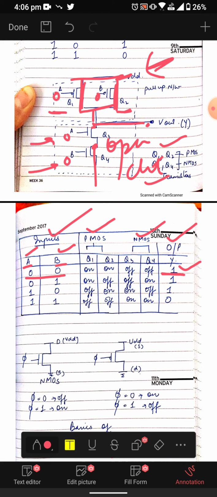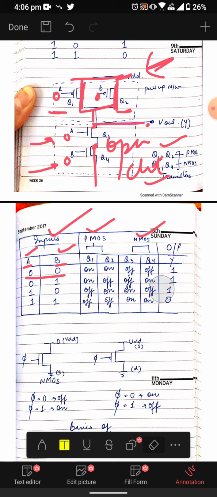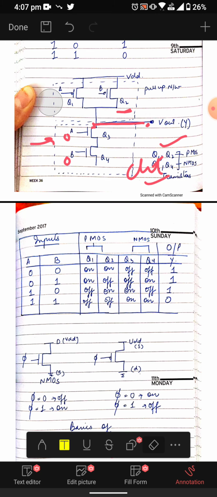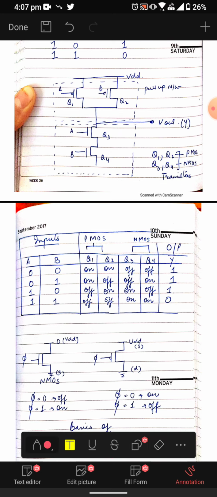Let's take the second case into consideration. A is 0, B is 1. So what will happen to the transistors? Q1 will be on, but Q2 will be an open circuit.